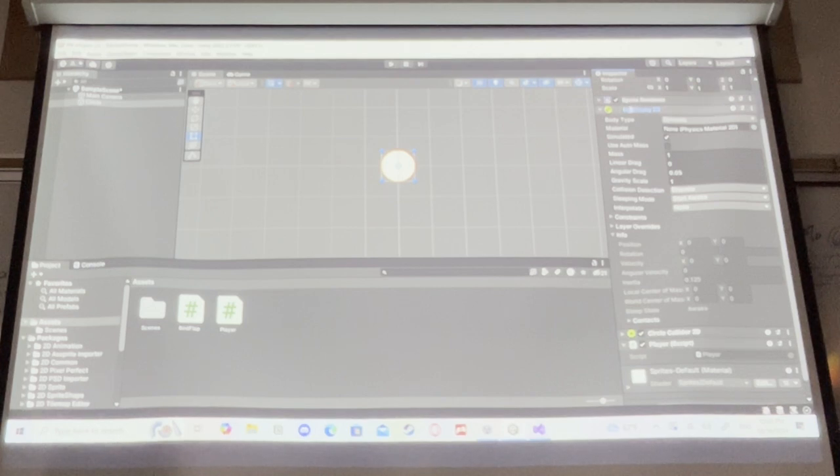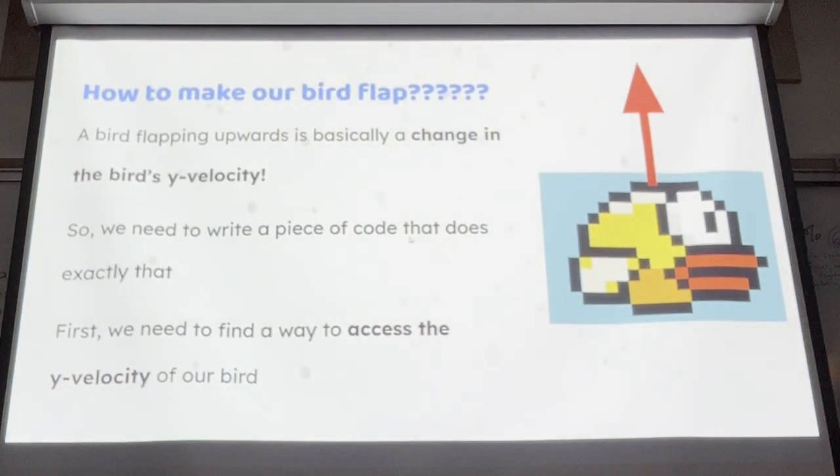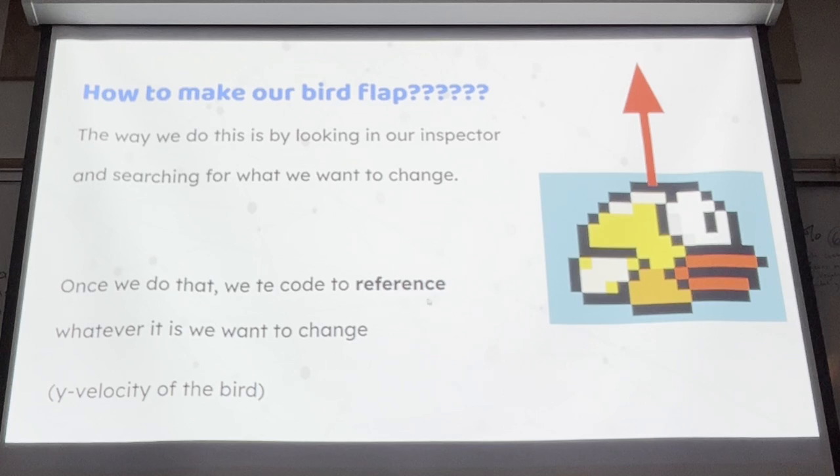They don't know that they're on the same object. They want to talk to each other, so we can actually have the script change the velocity. So here, what we're going to do is what's called a reference. We want to reference the Rigidbody 2D of the bird so we can access the y velocity and then change it in the script.